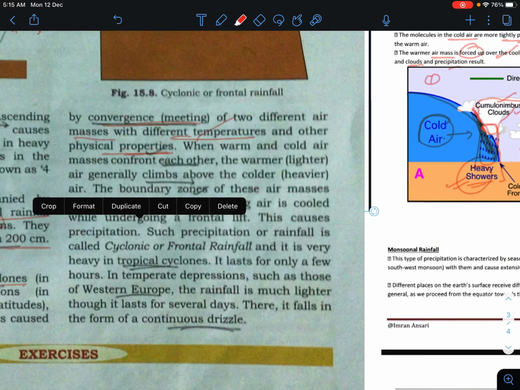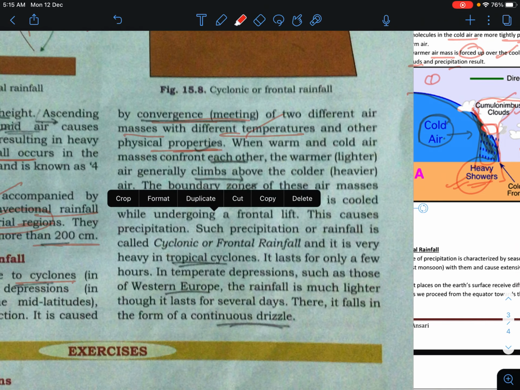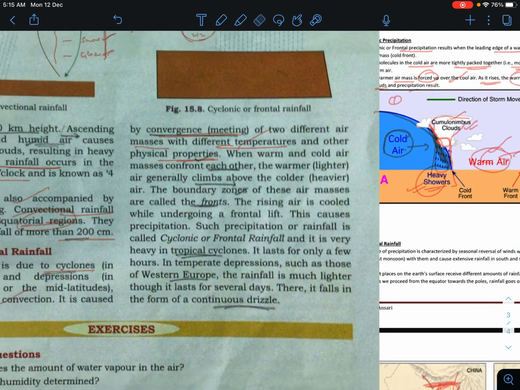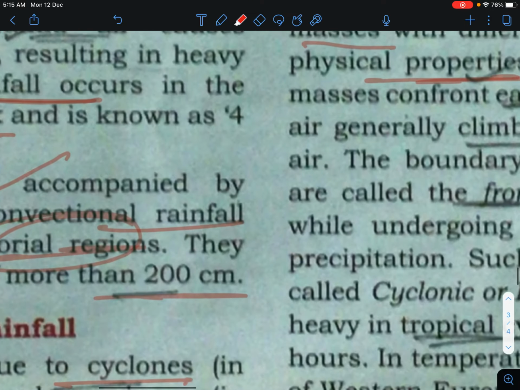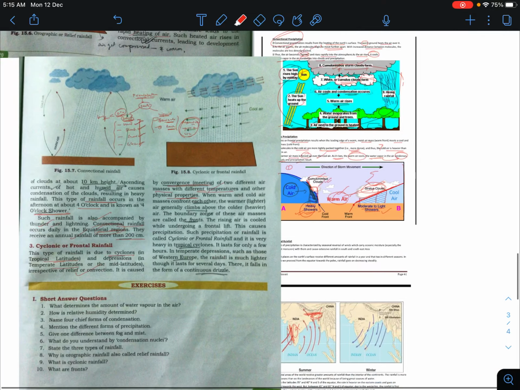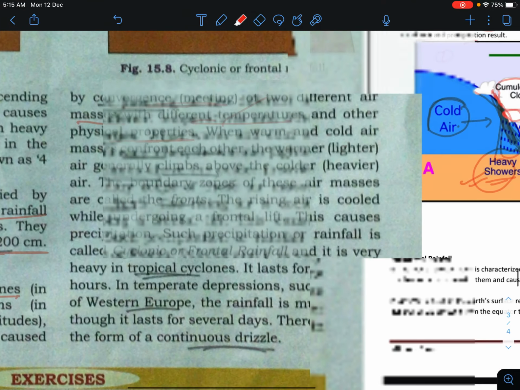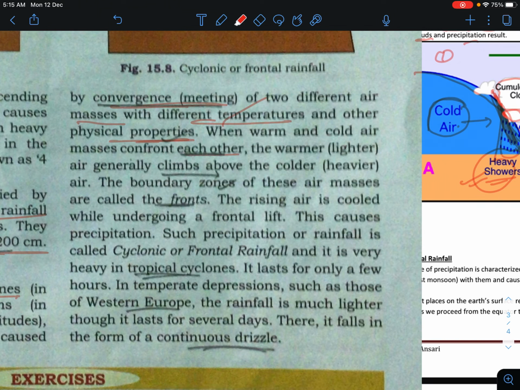When the warm air and the cool air masses confront, meaning meet each other, the warm air, which is lighter, generally climbs up over the cool air. The boundary zone of these air masses, the meeting zone, is called a front.